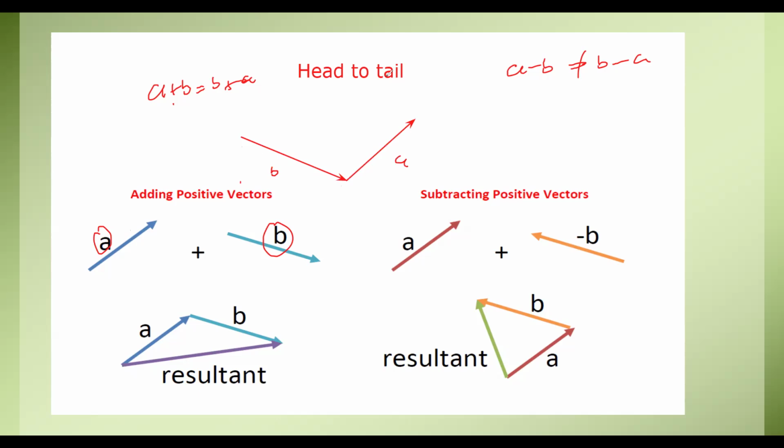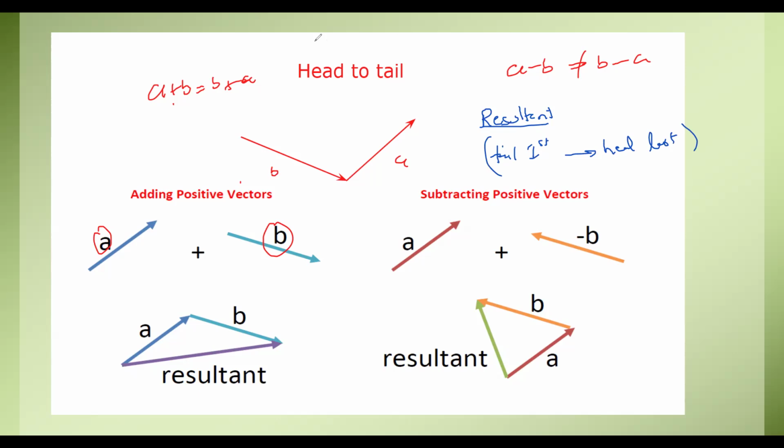What about the resultant in terms of the vector? The resultant is always from the tail of the first to the head of the last. When you join the tail of the first vector to the head of the last vector, you get the resultant. Right now we are just discussing how to work out the direction of the resultant, not the magnitude.